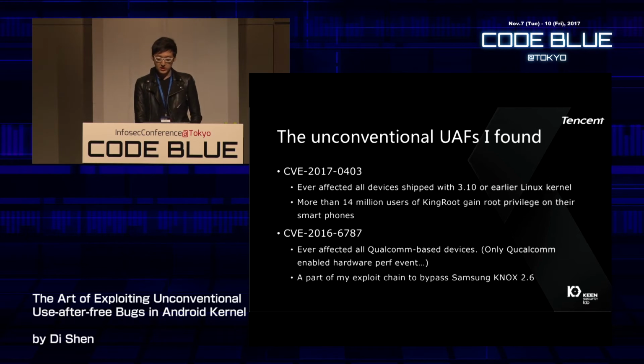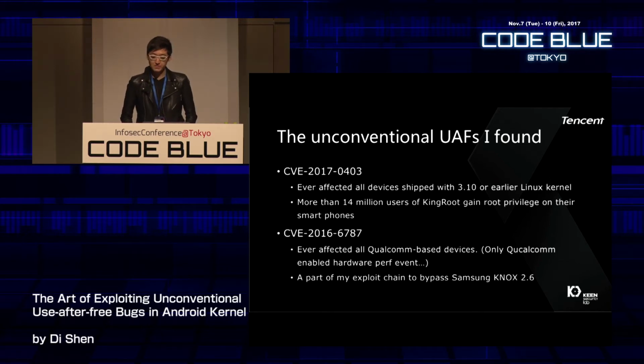And the second one is CVE-2016-6787. It's supposed to affect all Android devices, but unfortunately it requires the kernel to enable a hardware feature, hardware perf event support, in the device tree configuration before compiling.